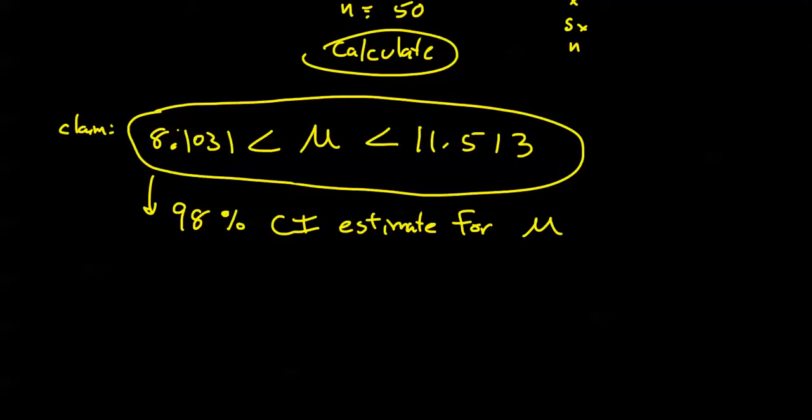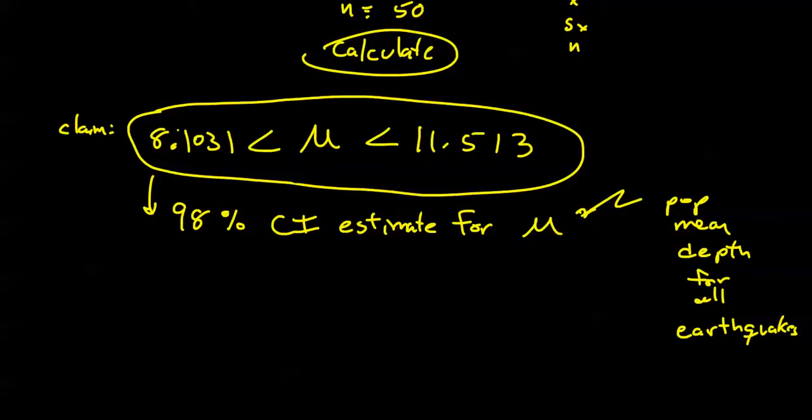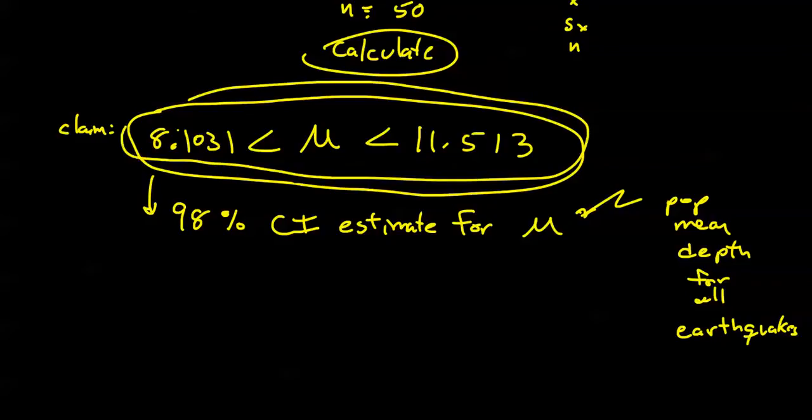Well, mu is the population mean depth for all earthquakes of all time, right? In kilometers. So this is my confidence interval estimate for mu. And I can add an interpretive statement here. Informally, I could say we could be 98% sure that mu is between these limits.